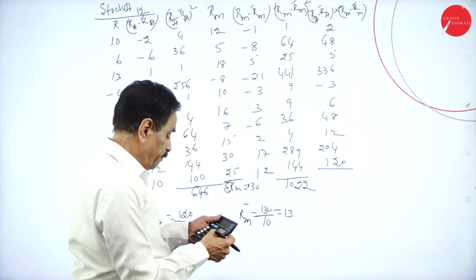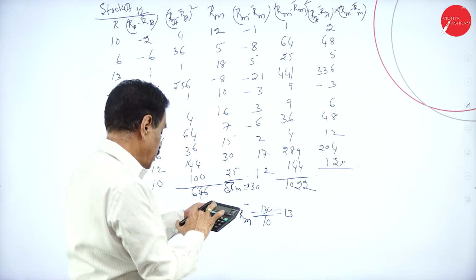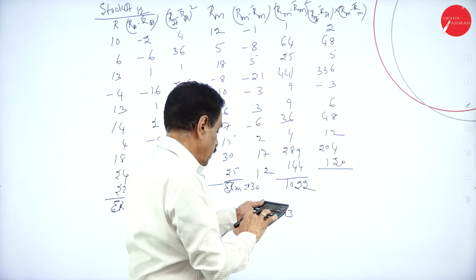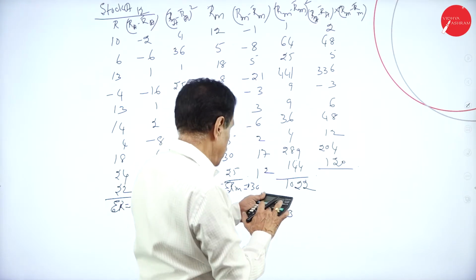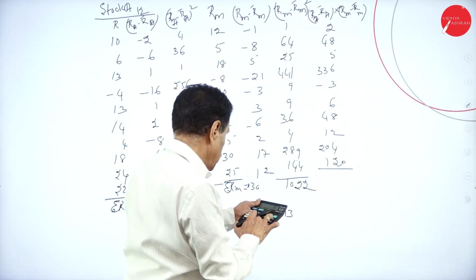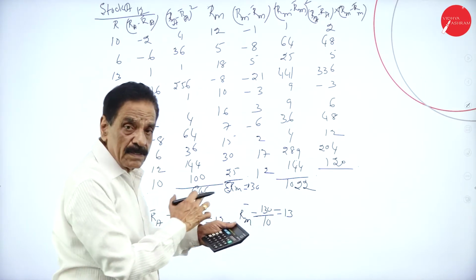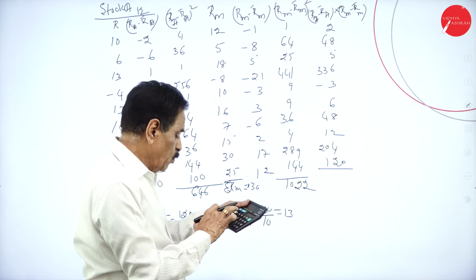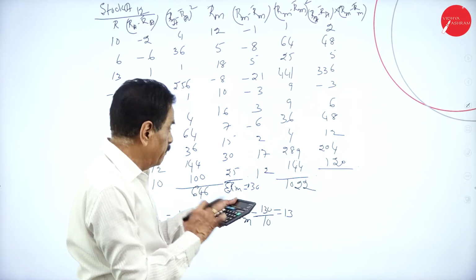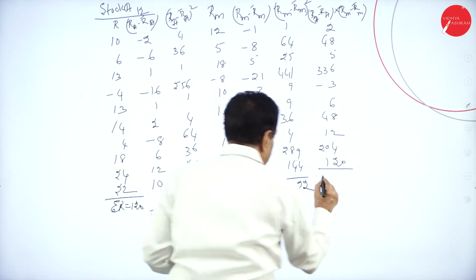Add the figures: 2 plus 48 plus 5 plus 336 plus 6 plus 48 plus 12 plus 204 plus 120 minus 3 is 778.